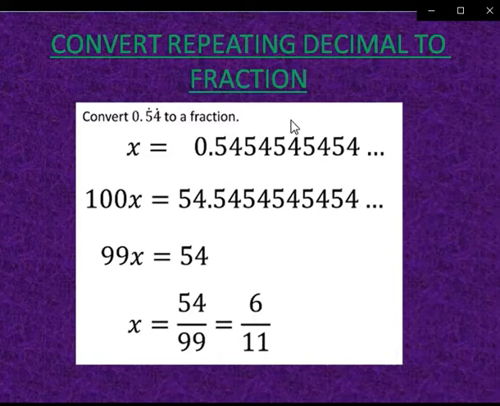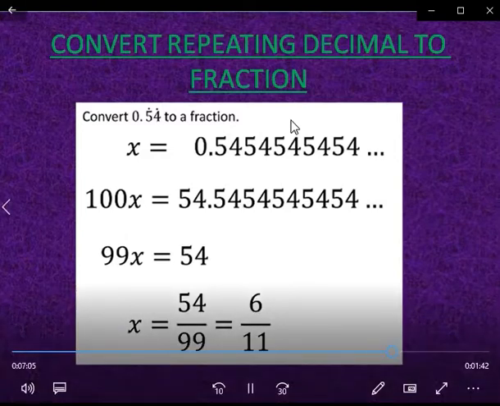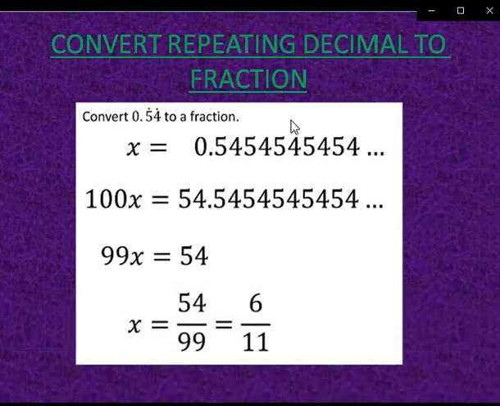I will subtract both equations from each other. The result will be 99x equals 54. Here I want just x alone, so I will divide both sides by 99. The result is 54 over 99. If you simplify it, it will be 6 over 11.